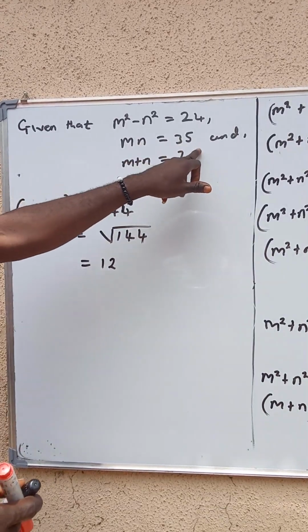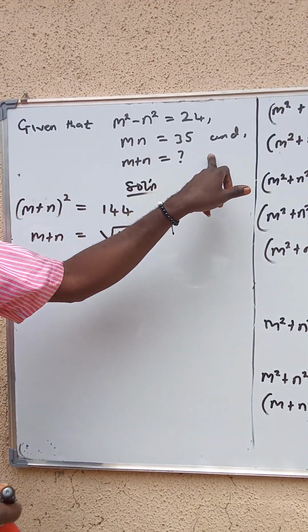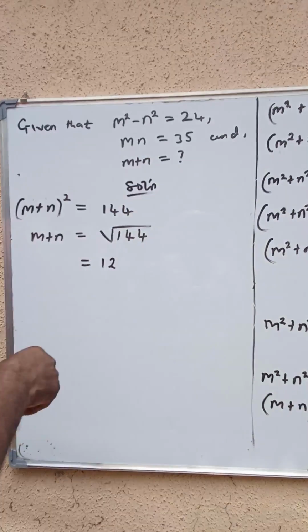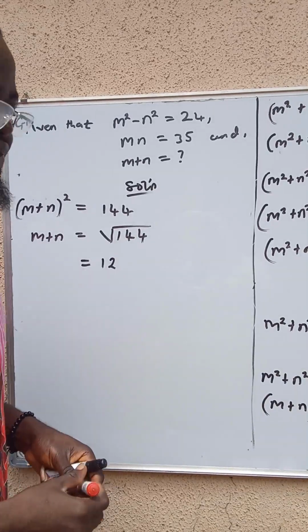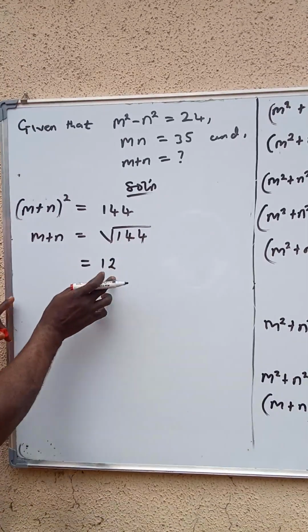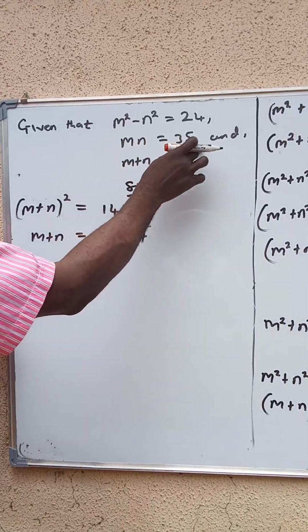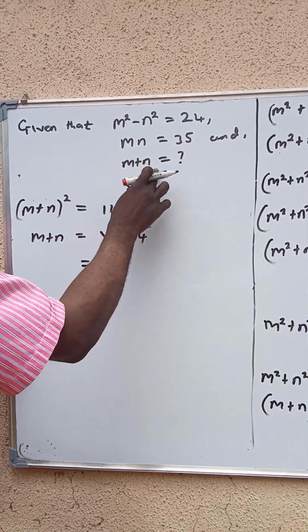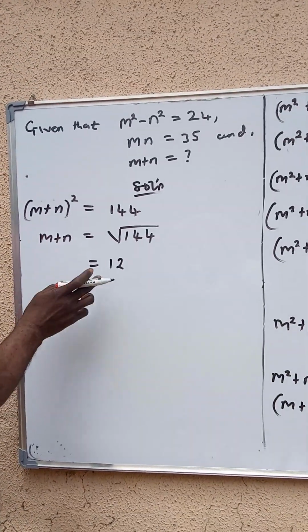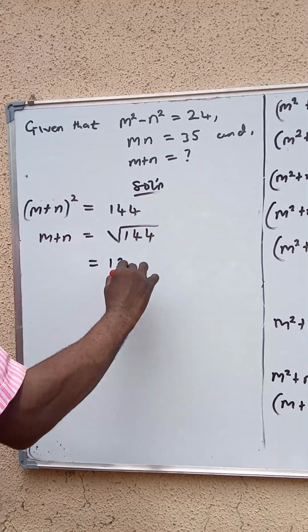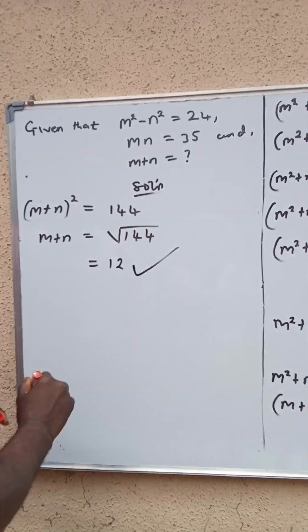Mn is 35. That is 7 times 5 will give us 35. So if it's 7 times 5, that means 7 plus 5 is supposed to give us 12. So that means we are correct, because 7 times 5 is 35. 7 plus 5 is equal to what? 12. So our m plus n is correct, and that is the final answer.